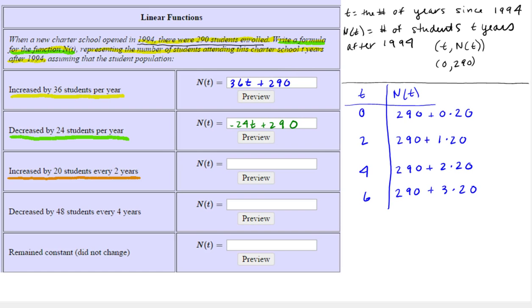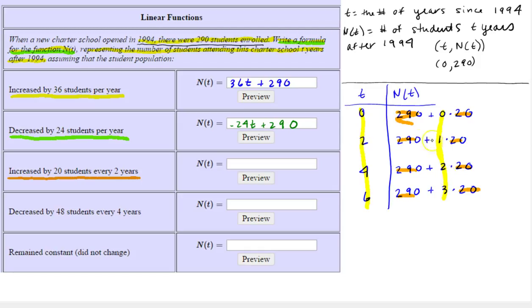So let's see what stays the same. Well, 290 stays the same every time. The 20 stays the same every time. Our input, the t, is varying, and these values are varying, but notice in this case they do not directly correspond to the t values.